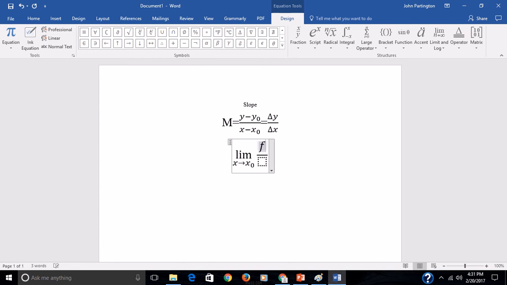So we're going to have small f of x minus small f of x naught.